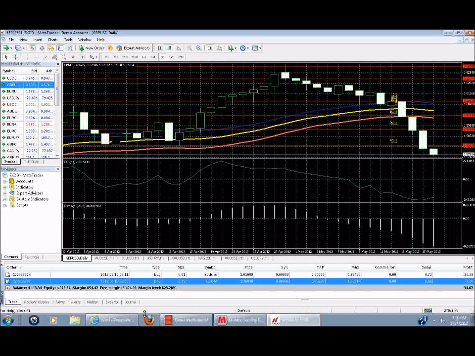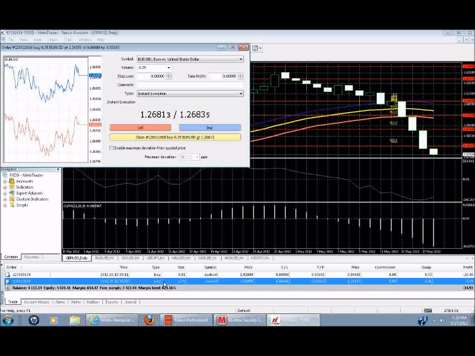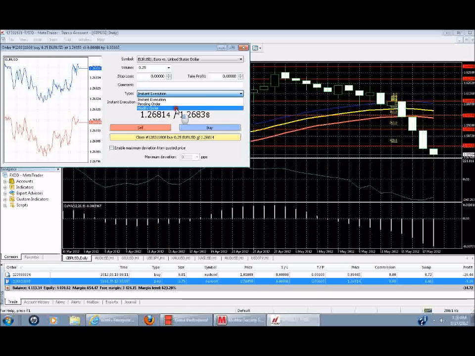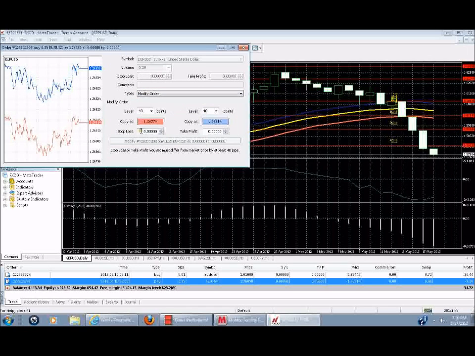The trailing stop is on just by that click. A stop loss, you have to double click it and go to your modify order and put in your stop loss. And we said it was, what was it? Euro US.